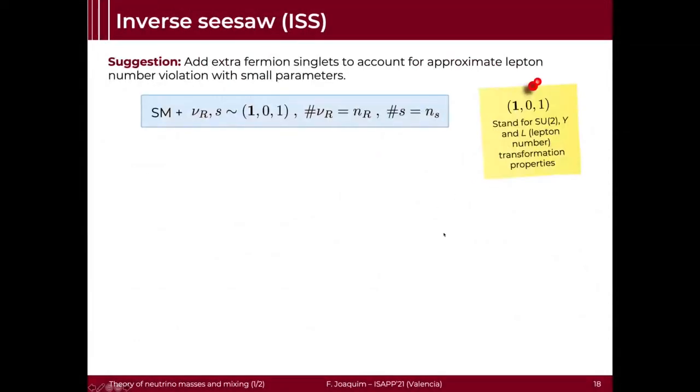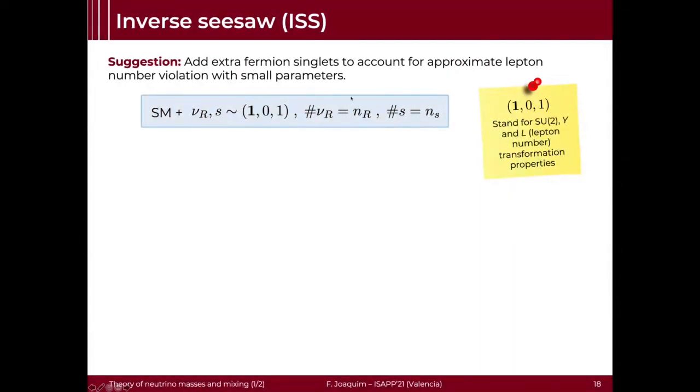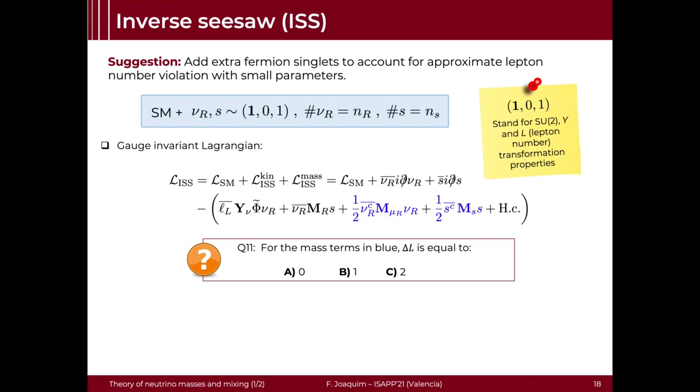This is the inverse seesaw. I will be very fast on this. We add extra singlets besides the ones that I was adding before. Now I have new mass terms for these extra singlets, which are these ones, which violate lepton number, and these ones, which violate lepton number also.